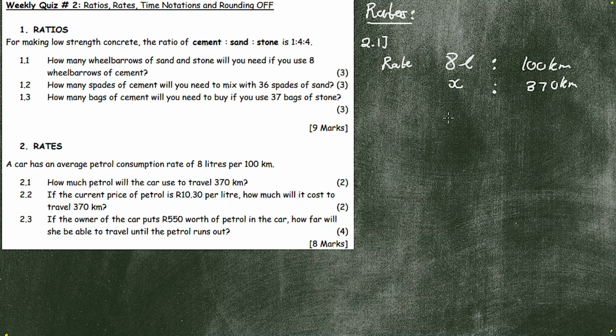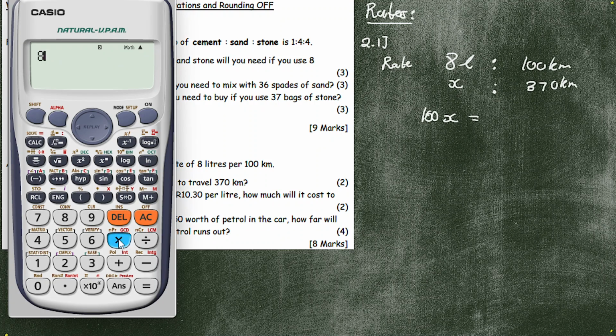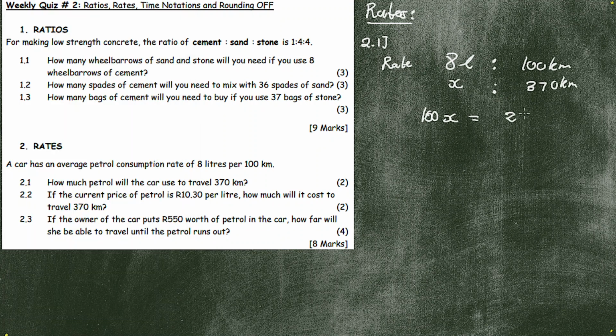We cross multiply. I'm getting 100x equal to, take the 8 and multiply it by 370. I'm getting 2960, divide by 100. The x value is now 29.6 liters. This is how many liters I need to travel 370.